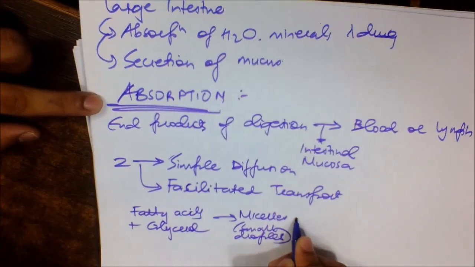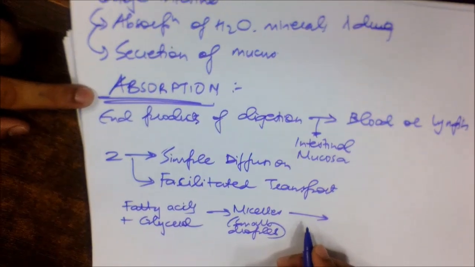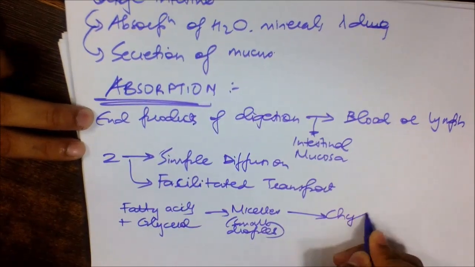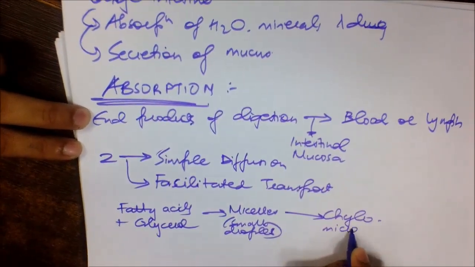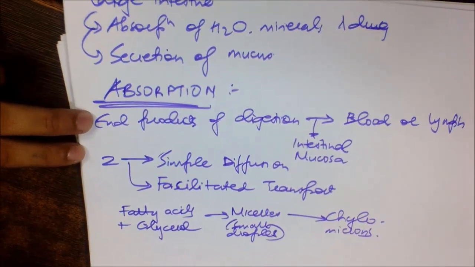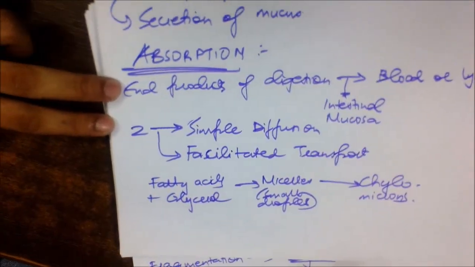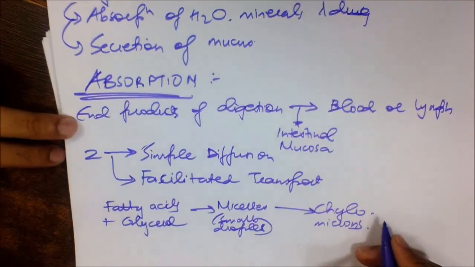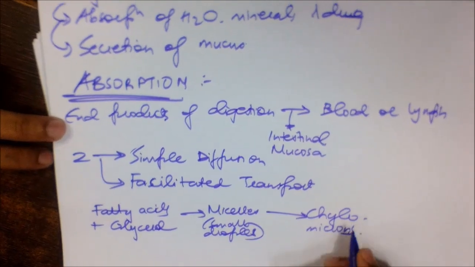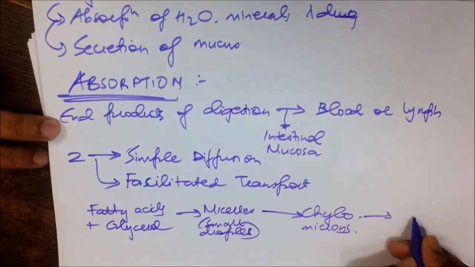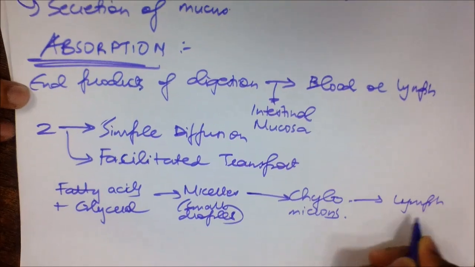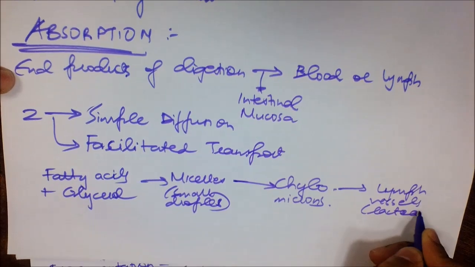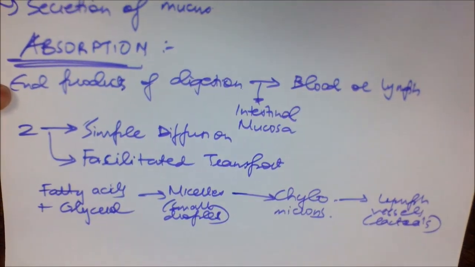They move into the intestinal mucosa and are reformed into very small protein-coated fat globules called chylomicrons, which are transported into the lymph vessels, or the lacteals, in the villi. These lymph vessels ultimately release the absorbed substances into the bloodstream, going to the lacteals and ultimately into the blood.